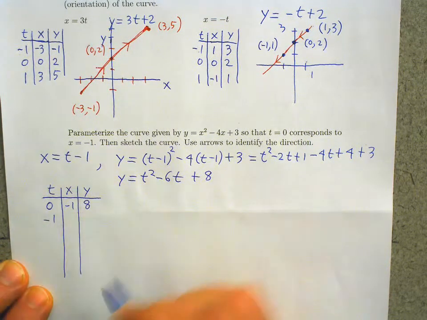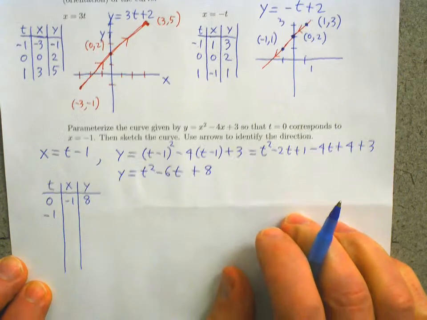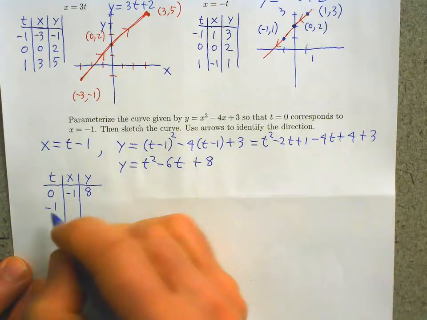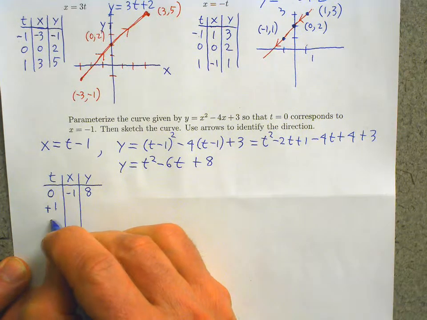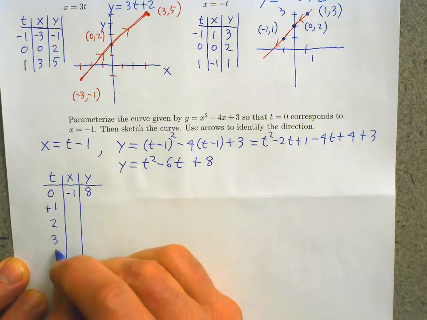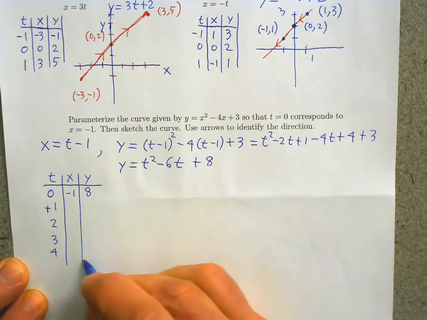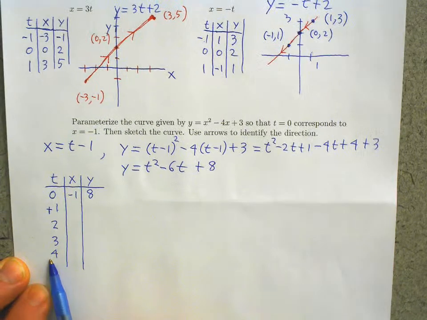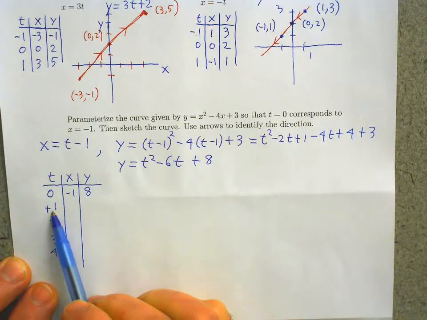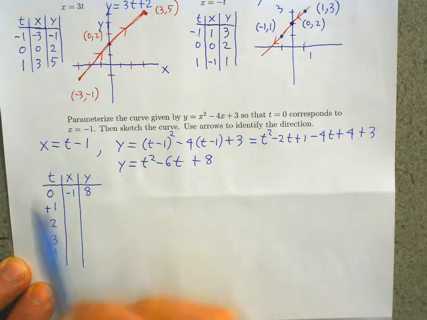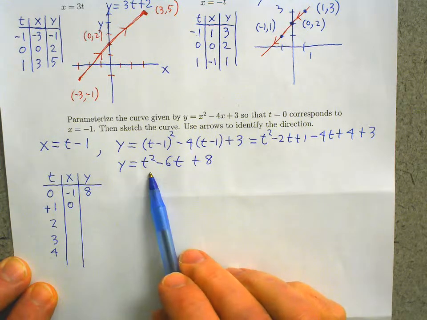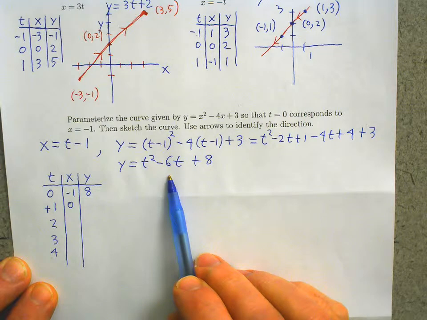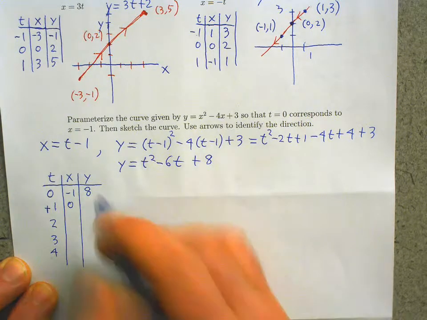And then we'll pick a few more t values. I want to go from 0 to 1, and then we'll go 2, 3, 4. We'll see what we have after t equals 4. When t is 1, x is 0, and y is 1 minus 6 is -5. -5 plus 8 is 3.